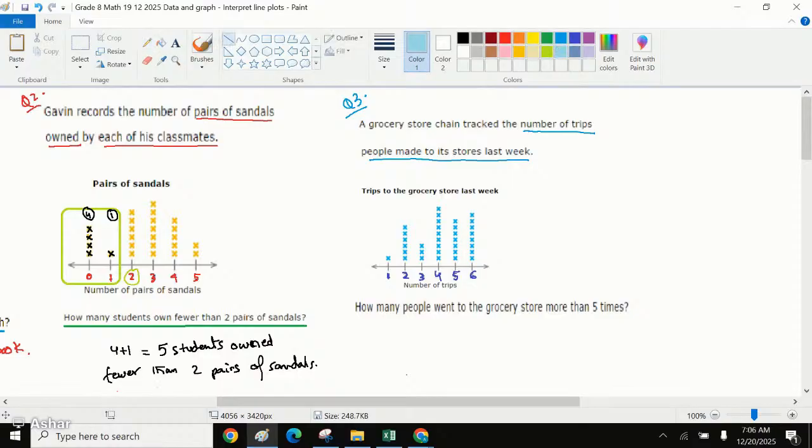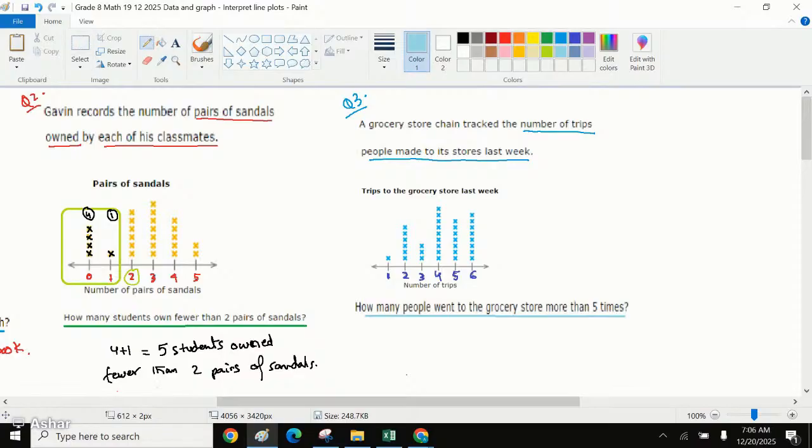So the question is asking us how many people went to the grocery store more than 5 times. More than 5. So that means going once to the grocery store is less than 5. Going twice is less than 5. 3 is also less than 5. 4 is less than 5. 5 cannot be included because we are looking at more.